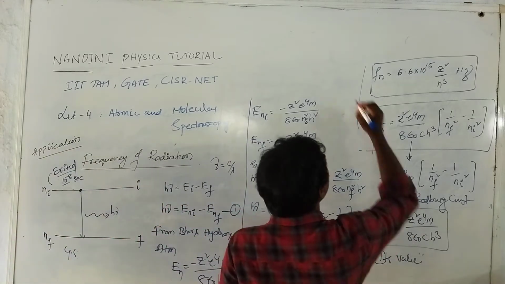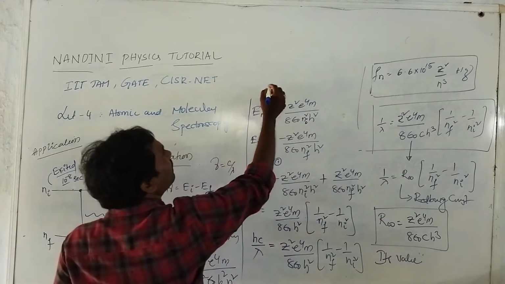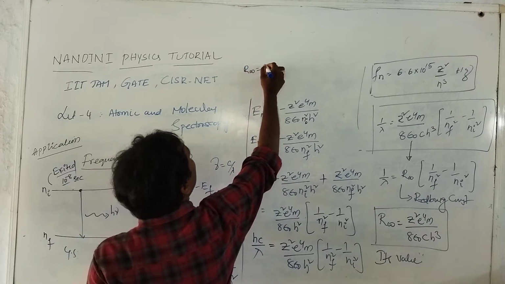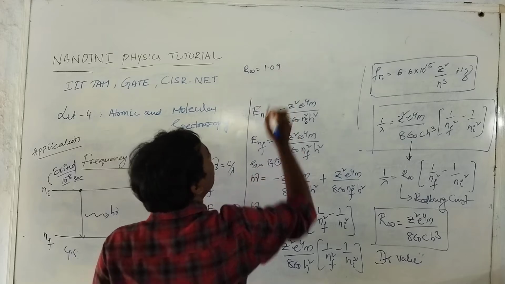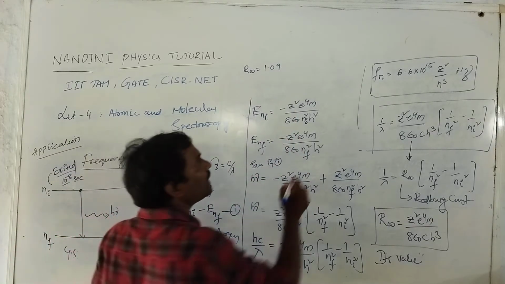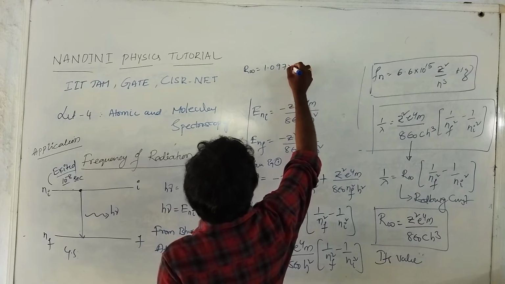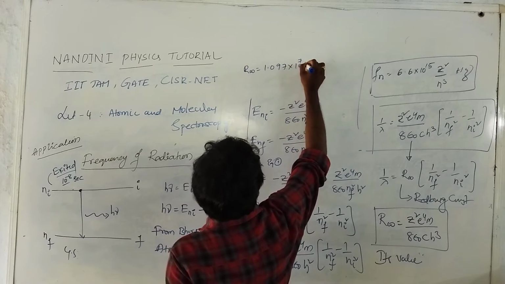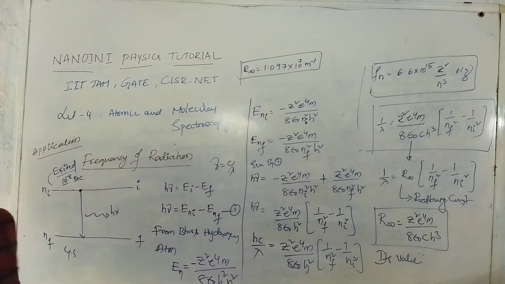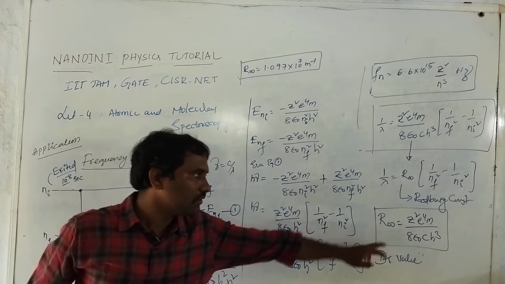Its value I will write here: R infinity is equal to 1.097 into 10 power 7 meter inverse. So this is the value of the Rydberg constant, understand. So this is called the Rydberg constant.